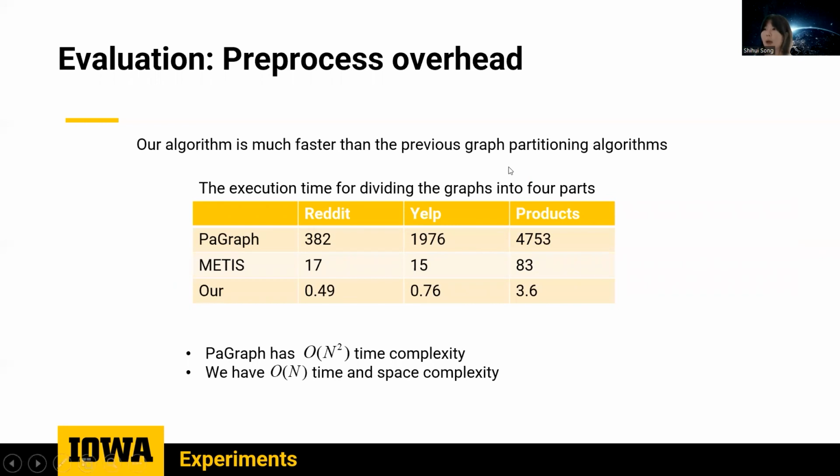We can see that ParaGraph spends much longer time than both DGL and our method. And our algorithm also outperforms DGL. This is because ParaGraph has O(n squared) time complexity, but we have only O(n) time and also space complexity.